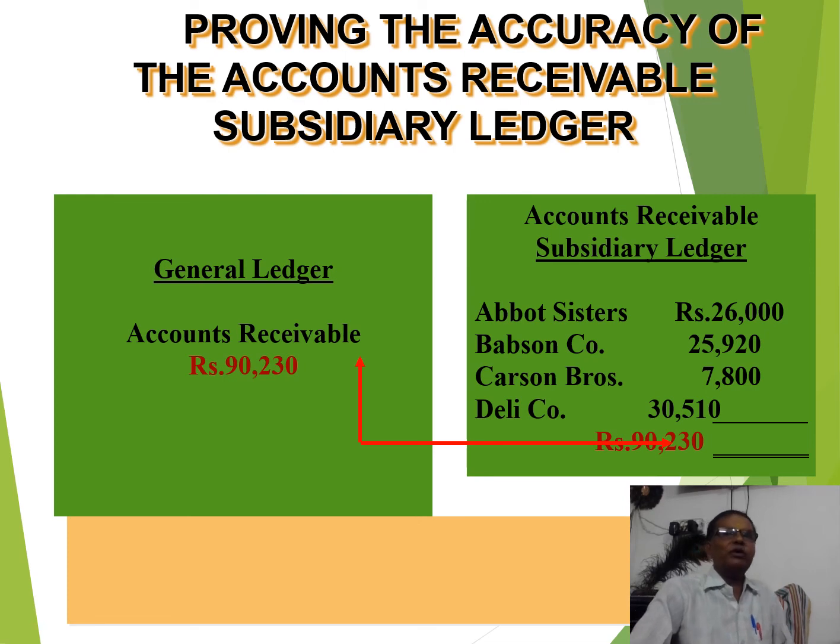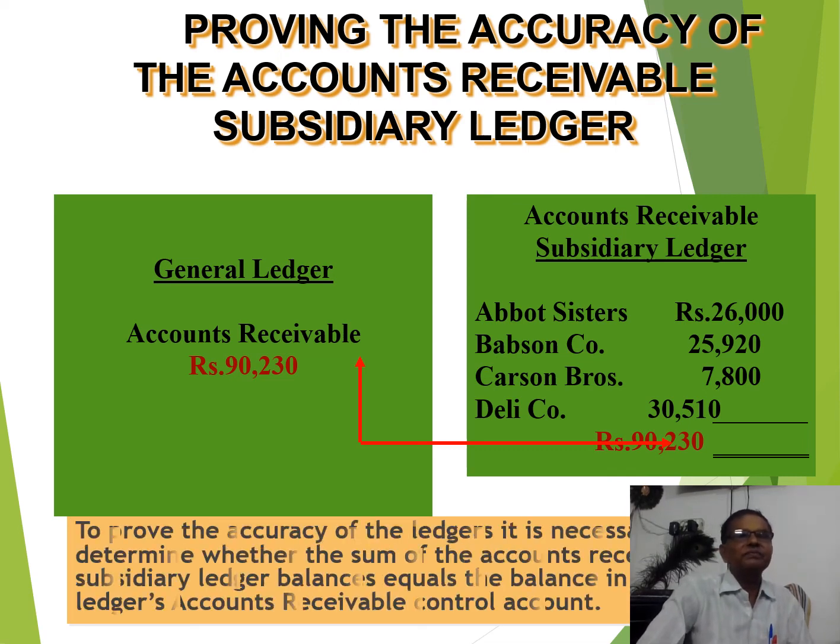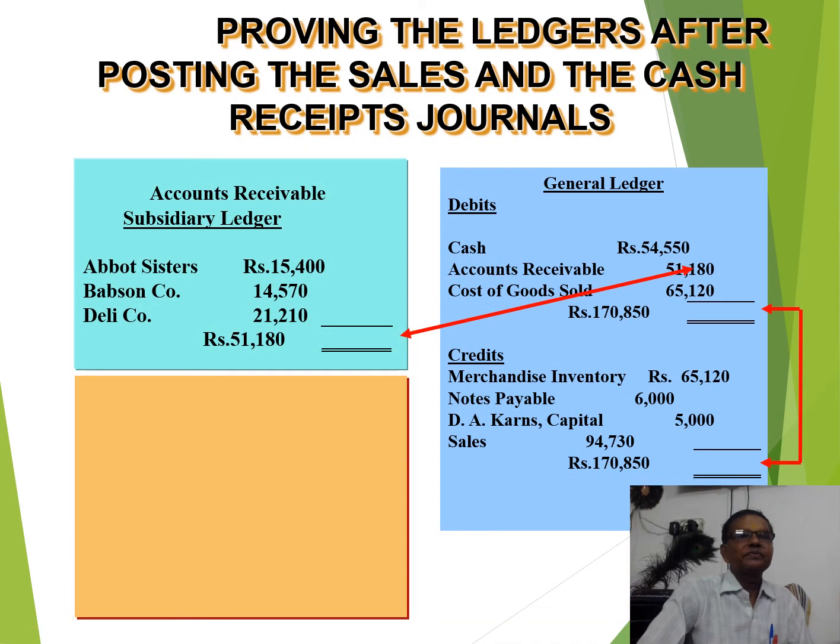Proving the accuracy. Here our subsidiary ledger, accounts receivable, is given. There are a number of persons. The total of this is 90,230. This is posted to the general ledger. Again here, the accounts receivable account is there, with a number of persons, so we have posted here.